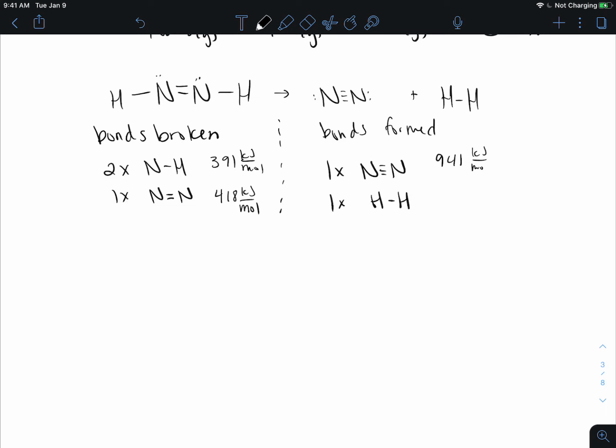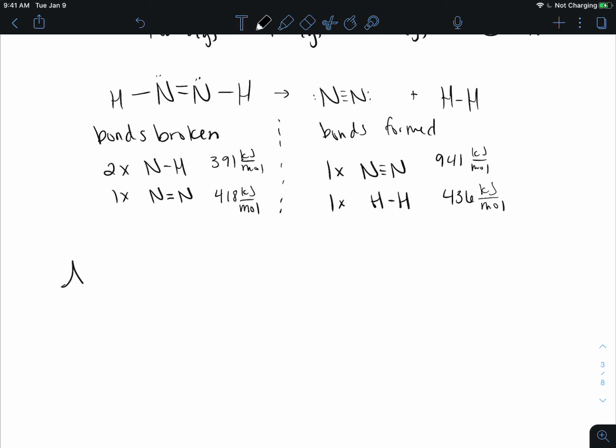You can see going from the double bond at 418 to the triple bond at 941, a significant change. A nitrogen-nitrogen single bond is 163 kilojoules per mole. So it increases significantly as we change that bond from a single to a double to a triple. And then our hydrogen-hydrogen single bond is going to have an energy of 436 kilojoules per mole.